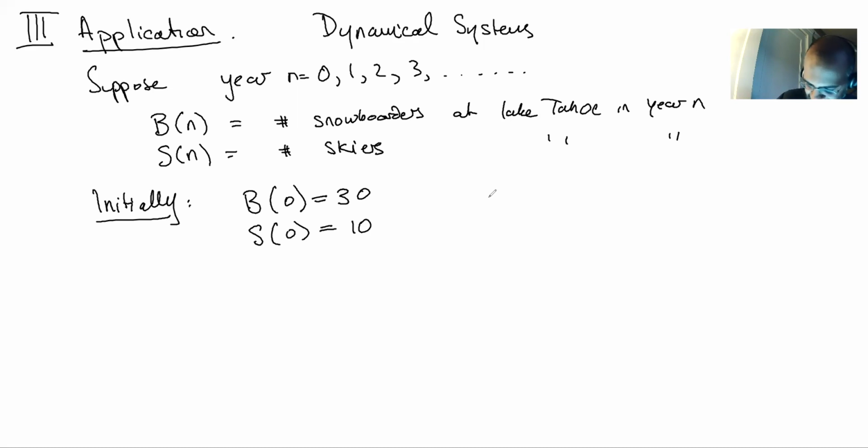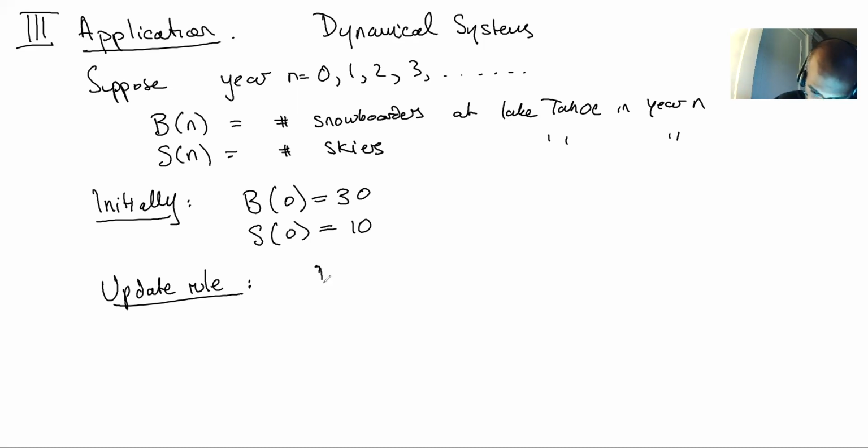And now the interesting thing is every year these populations change according to some rules that might be kind of complicated. So you have an update rule that tells you the change in population from year n to year n plus 1.